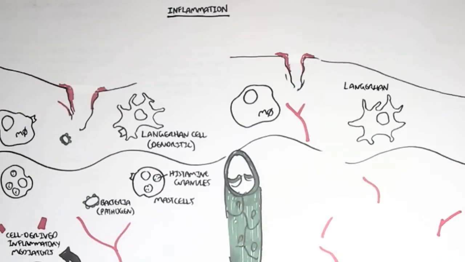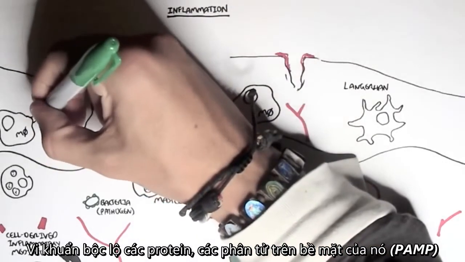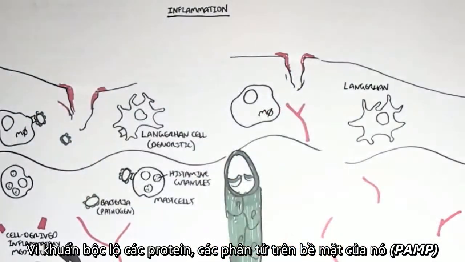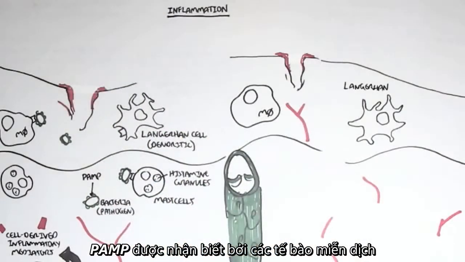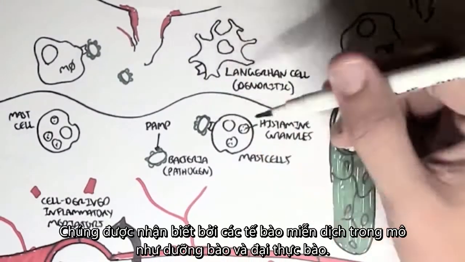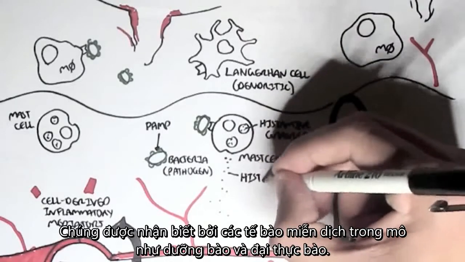So what happens is that this bacteria actually expresses certain proteins, certain molecules on its surface, known as PAMPs. PAMPs are recognized by the immune cells within the tissue, such as mast cells and macrophages.